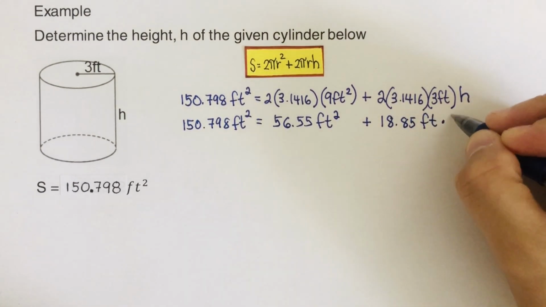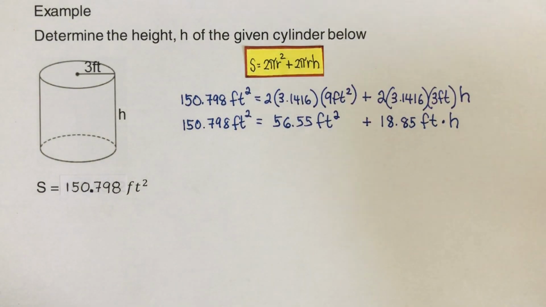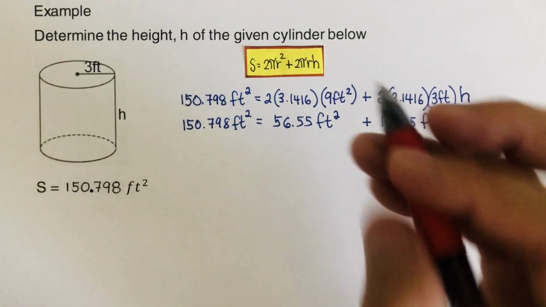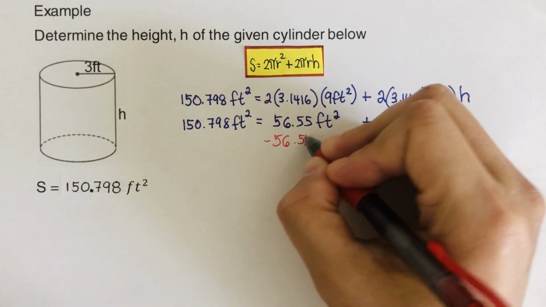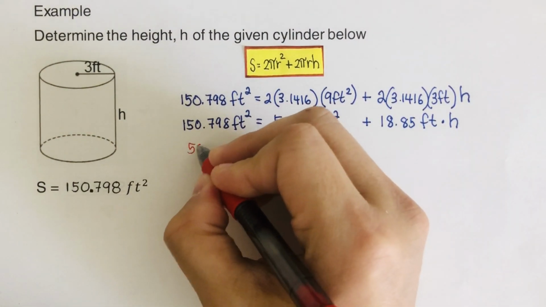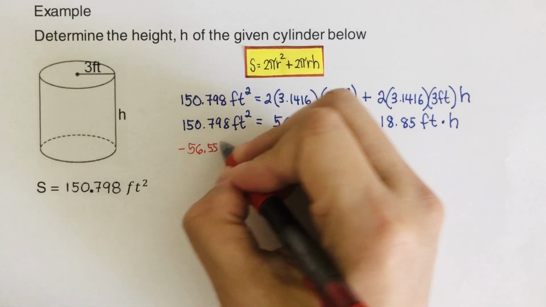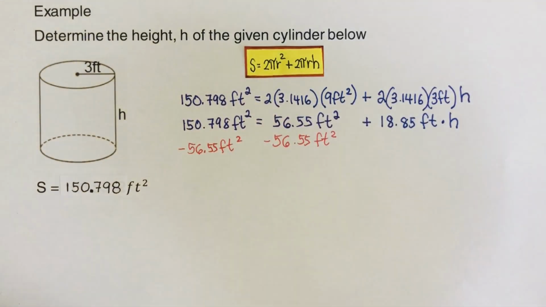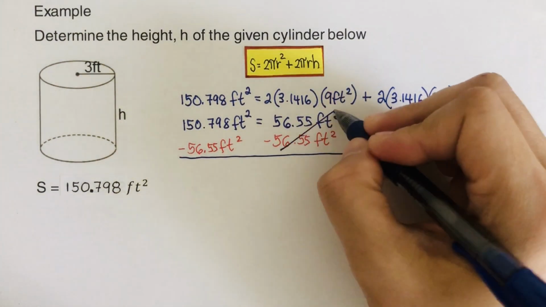And then we have an h, the one that is missing in this problem. Now we are going to combine like terms, so feet squared and feet squared will be combined together. So subtract 56.55 feet squared on both sides of the equation. So then we can cross this out because we want height by itself, so that's gone.